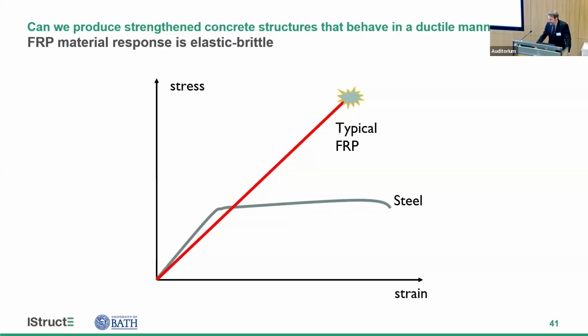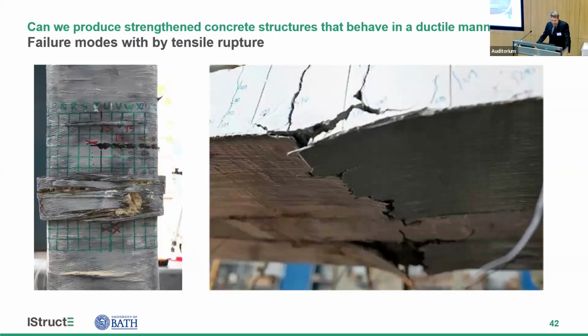Steel is obviously an elastic plastic material, but carbon fibre reinforced polymers, FRPs, are generally elastic, brittle materials. So can we actually get a nice ductile response from a strengthened structure?